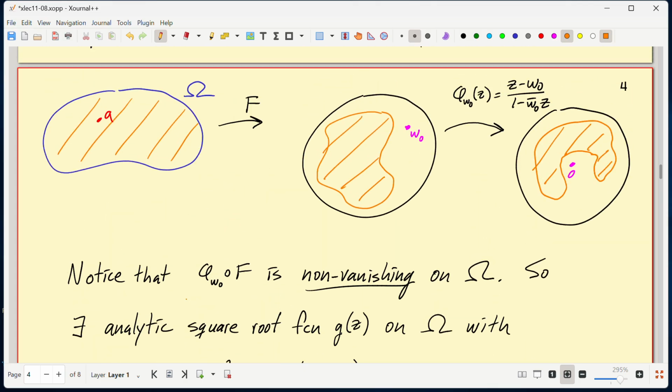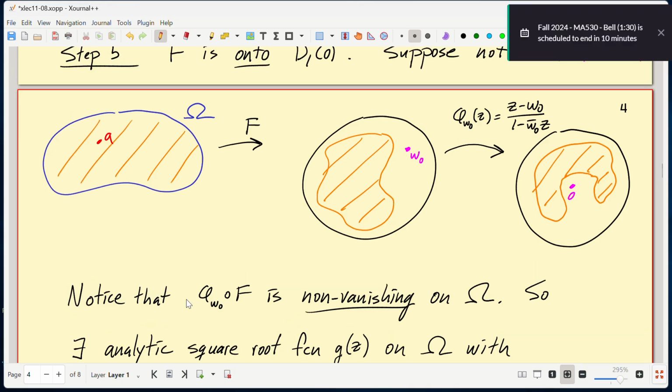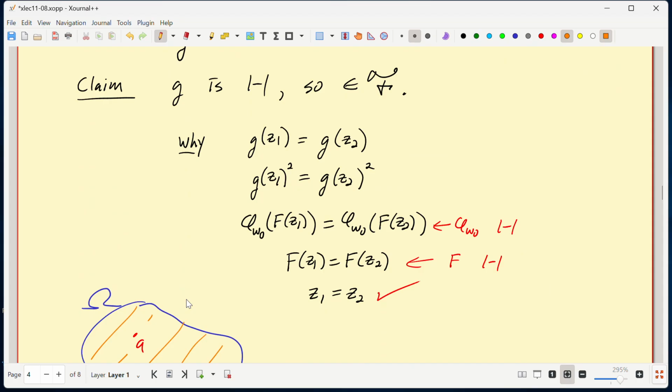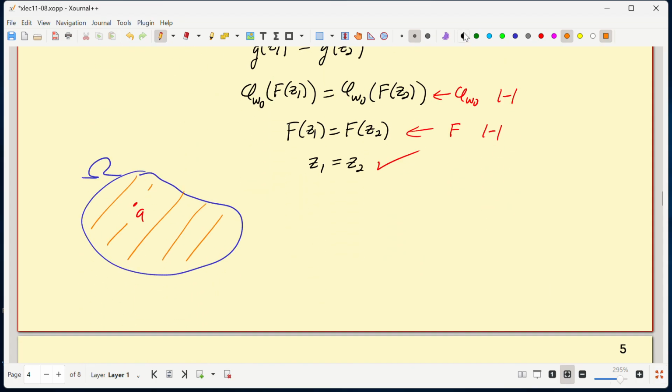That's my g squared, that composition. My g squared is never 0. So g is a square root of that thing, and it's never 0. So what's the picture? My g is going to look like this.